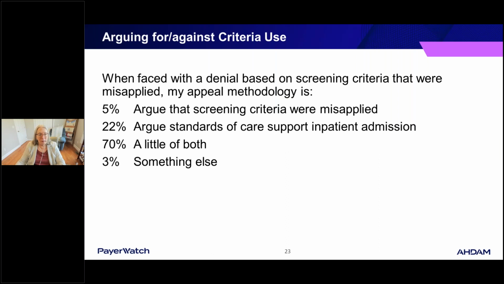So there's been some discussion in the community about what's right and what's wrong, or how people feel about this, I guess, because I don't think there is a strict right or a strict wrong. Some people feel that if you just argue the screening criteria were misapplied, then you're agreeing that it's okay to use screening criteria to determine inpatient medical necessity.